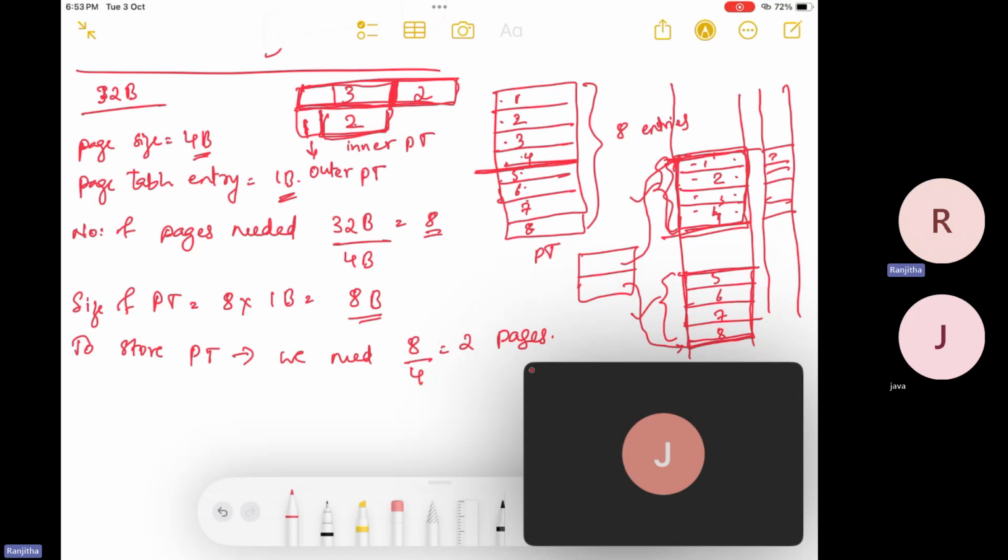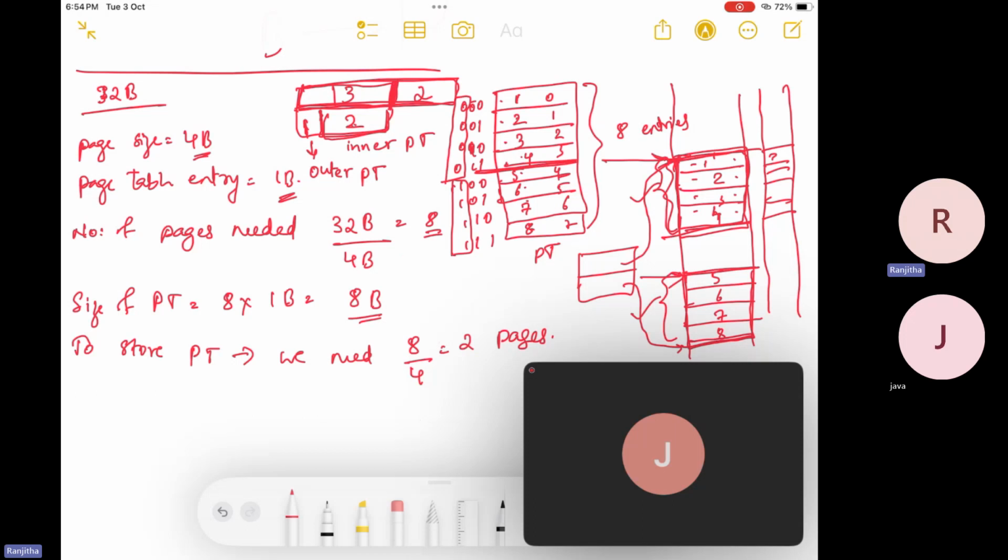If we number the pages 0 to 7, then you see this 1 bit is 0 for the first 4 and 1 for the other 4. Using this bit, we can identify whether to go to this location or to that location.